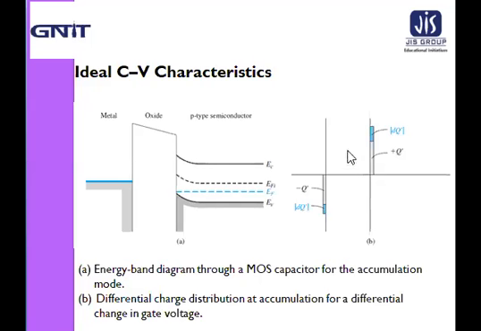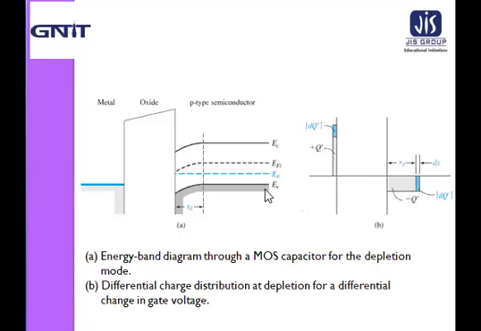That differential change in charge density occurs at the edges of the oxide, as in a parallel plate capacitor, and this capacitance C prime per unit area of the MOS capacitor for this accumulation mode is just the oxide capacitance.